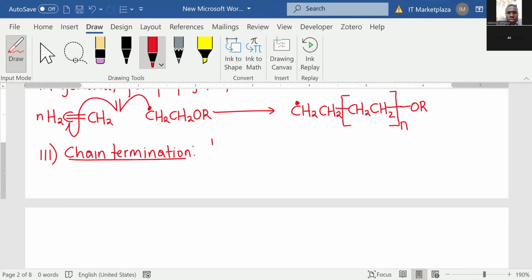The chain reactions are terminated as follows.